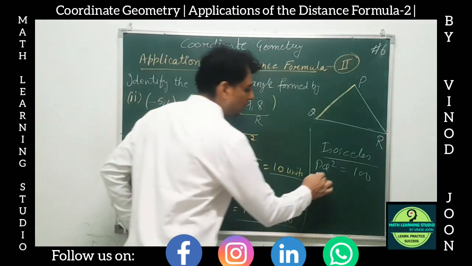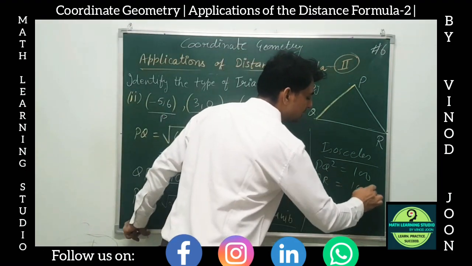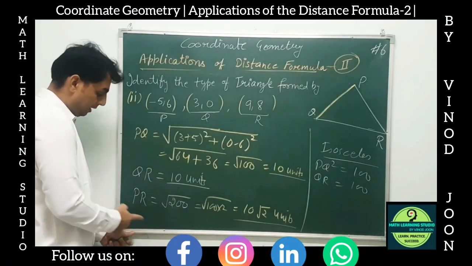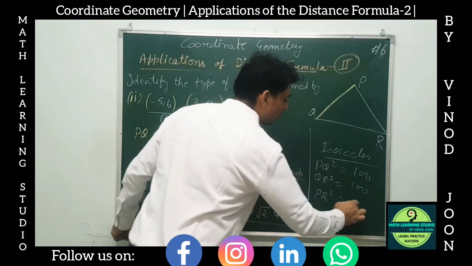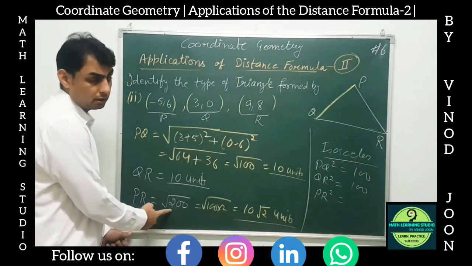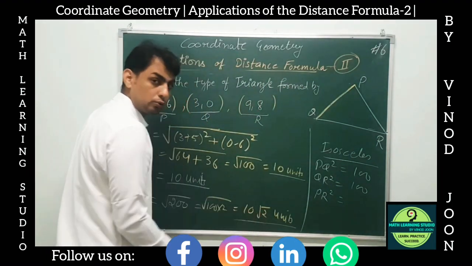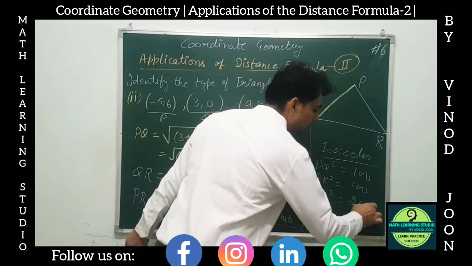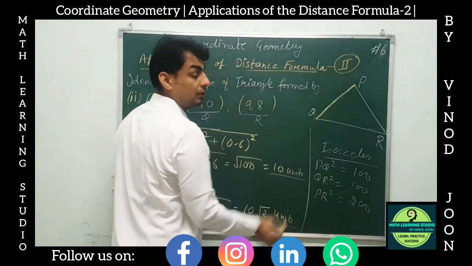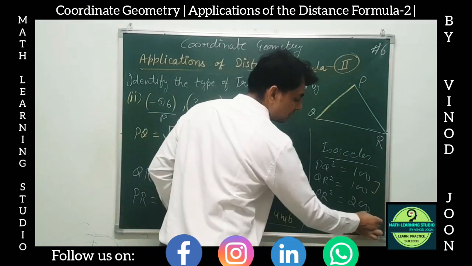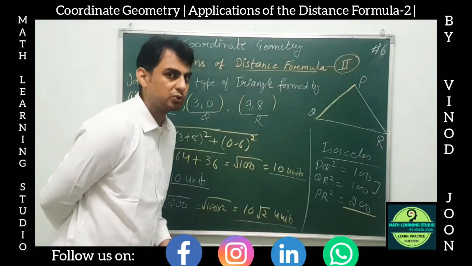Then we can have QR square again as 100 because QR is 10. And PR square will be what? PR square will be root 200 whole square, or you can say 10 root 2 square, and that will be 200. And it is very much clear that PQ square plus QR square, these two values, is equal to the third value. So what happened?